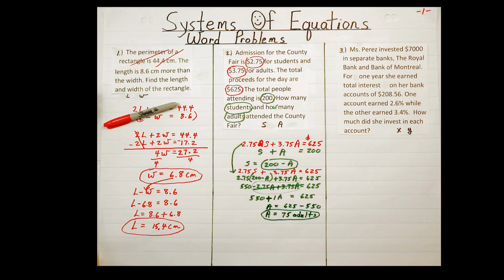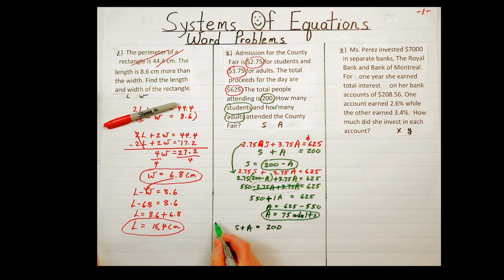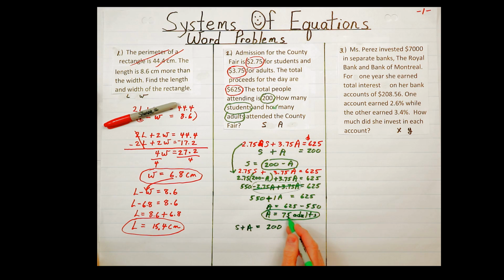Now the easiest equation by far to substitute the 75 into is s plus a equals 200. As you get more confident, you can do this stuff in your head, like this step. So a is 75, so I'm going to put 75 in for a. So s plus, that's an s. I don't want you to confuse my s's with my 5s.